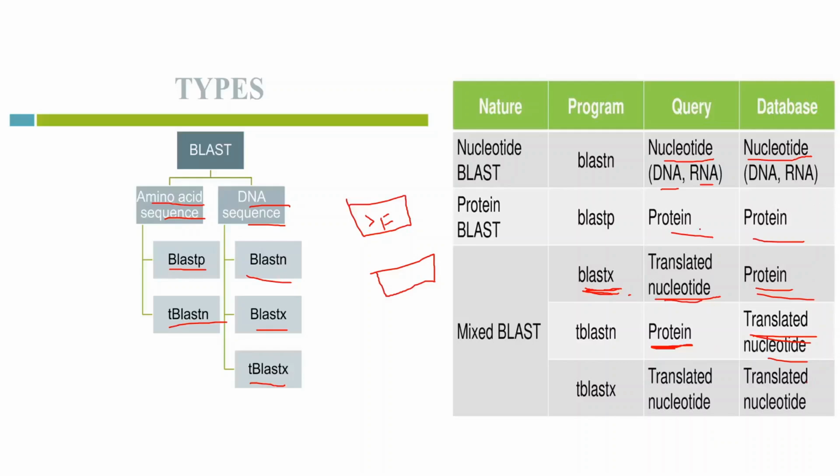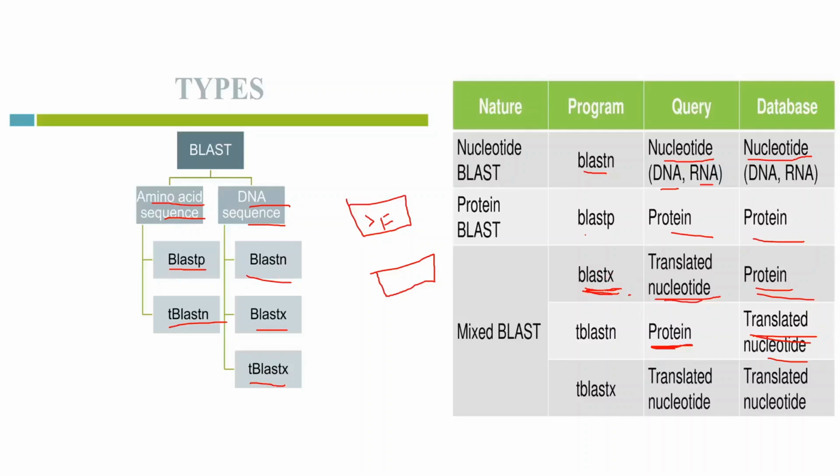So how will you remember these things? First is BLASTN, simply N denotes nucleotide, so both things are nucleotide. BLASTP, P stands for protein, so both things here are protein. BLASTX, X here means translated nucleotide.